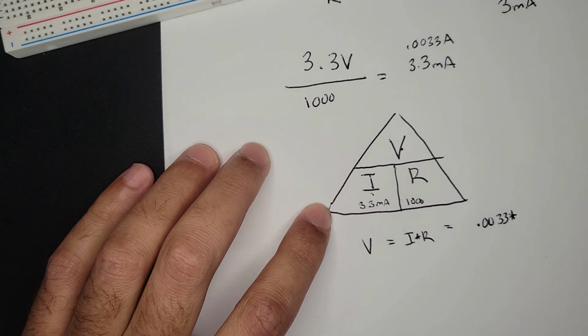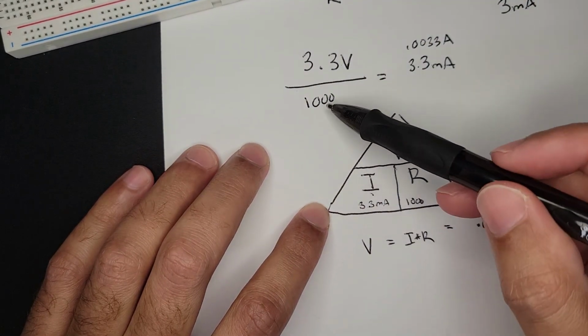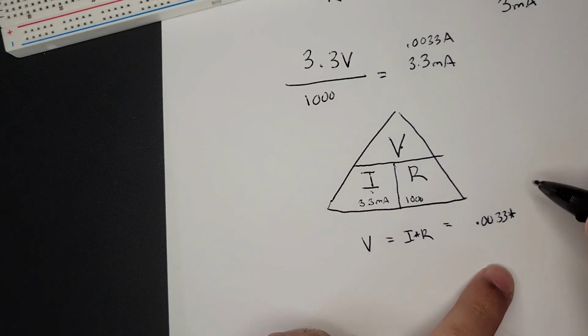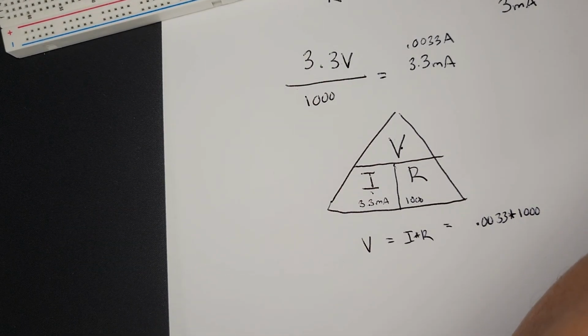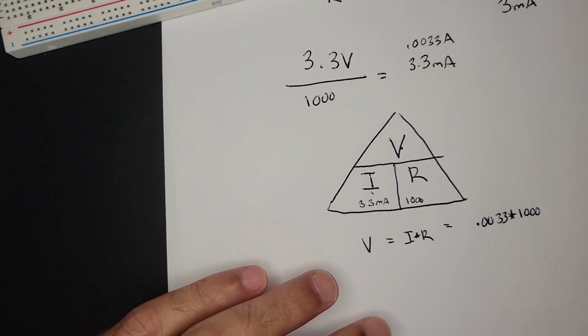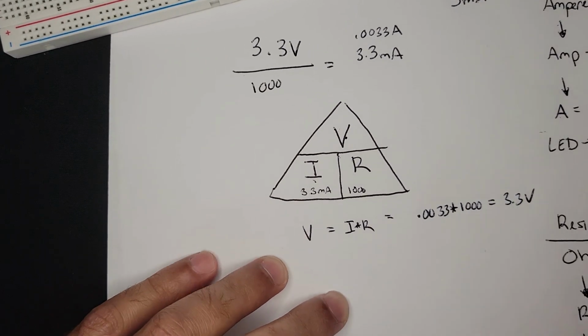And we can measure it with a multimeter if you want, or, normally the packaging is accurate. So we're going to multiply this by 1,000. So 0.0033 times 1,000, I mean, it's pretty easy because we just divided it by 1,000. So 0.0033 times 1,000 is equal to 3.3 volts, which is exactly what we measured.